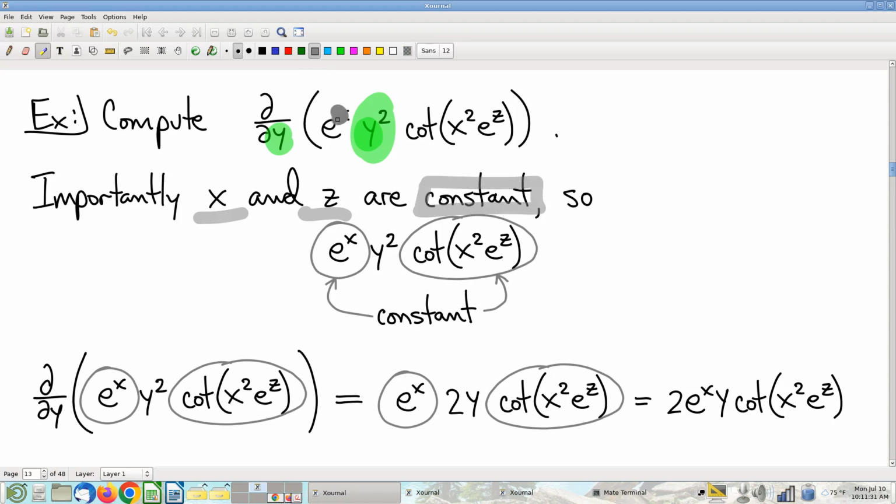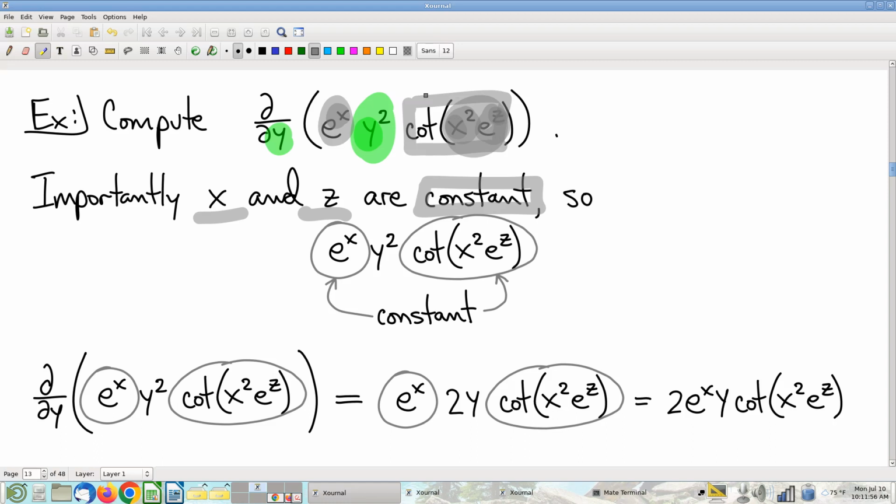If x is a constant, then e to the x is also constant. And if z is constant, then e to the z is constant, and x squared is constant, and that product is constant, and this cotangent all just constant. It's a big, ugly, nasty constant, but it's a constant.